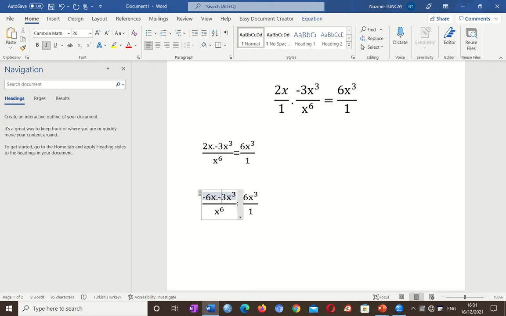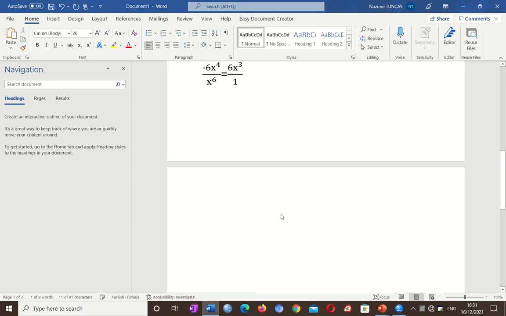And x and x to the power 3, this is x to the power 4. Good. So I am going to write here x to the power 4. And this is equal to this one, so I can even simplify this equation now.